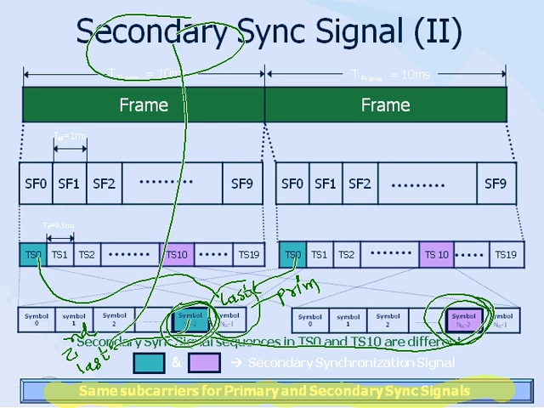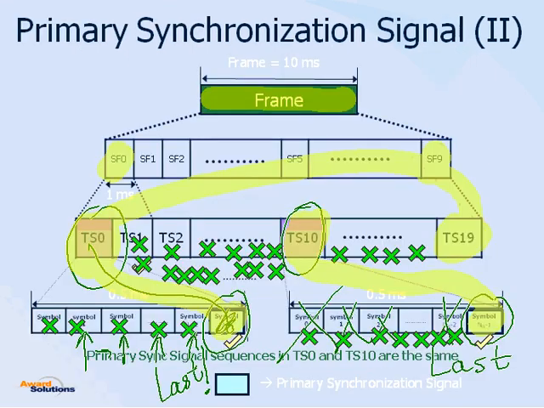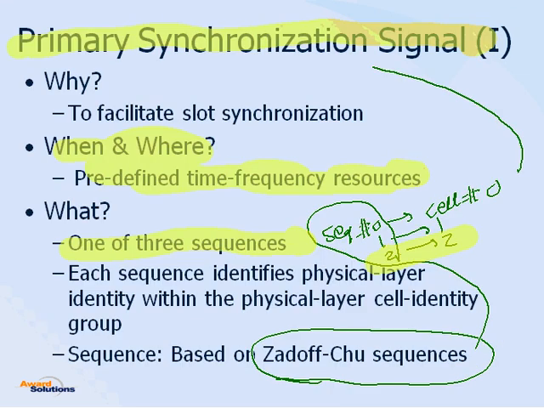Okay, and the question is, will this primary signal contain just 0, 1 or 2? Actually, this primary signal, let me go back a little bit here, is basically a sequence of numbers, a so-called Zadoff-Chu sequence. And this is a complex number.